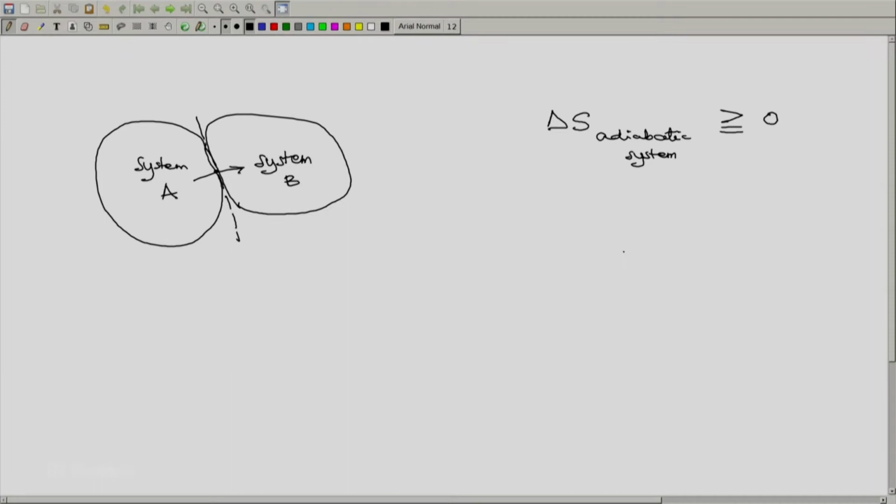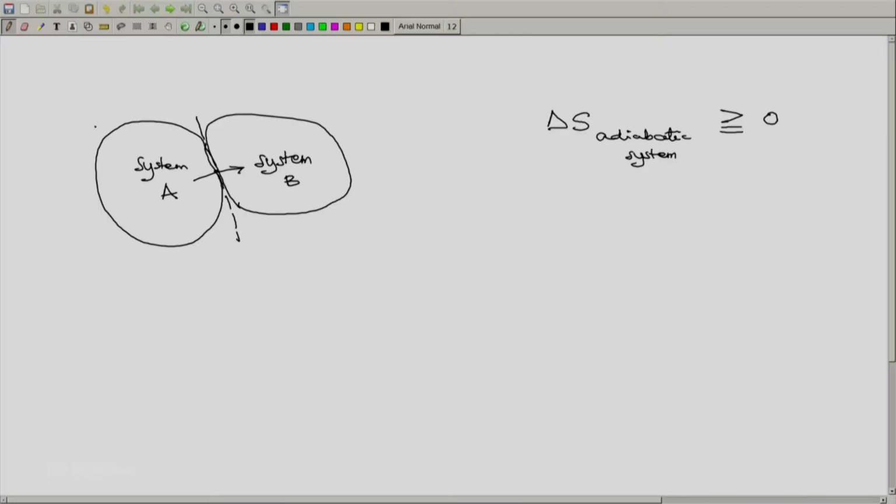And that means if we are able to define an adiabatic system, we do not have to evaluate dq by T, because by definition an adiabatic system will not have any dq interaction involved during its processes.